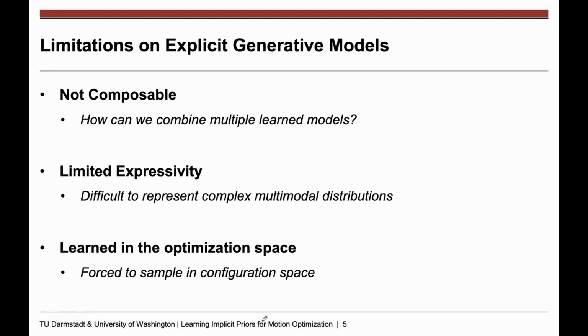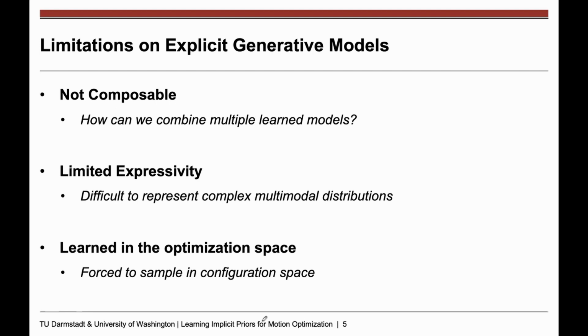Finally, we are required to learn them in the space in which we optimize. If we are optimizing a trajectory in the robot's configuration space, we are required to learn a model in the robot's configuration space. Nevertheless, a lot of times it makes more sense to represent the motion in the task space of the robot, as it is a more meaningful space.